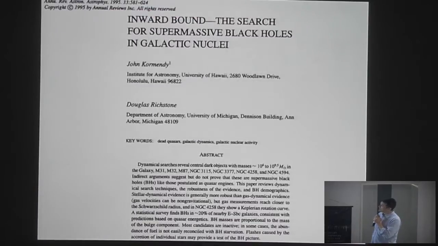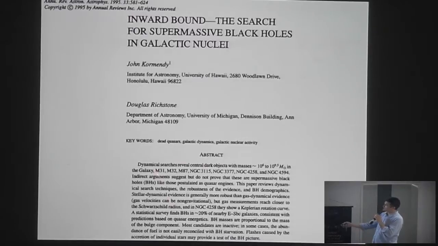Then the final relation we have is essentially taking the black hole masses and relating them to the host galaxies. This was a huge project that came about even before reverberation mapping had really nailed down the black hole masses. People were trying to do it in the nearest objects, trying to resolve the gravitational potential and look at the dynamics and then compare that with the host galaxies.